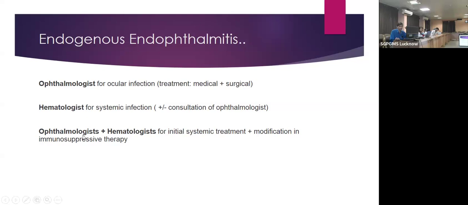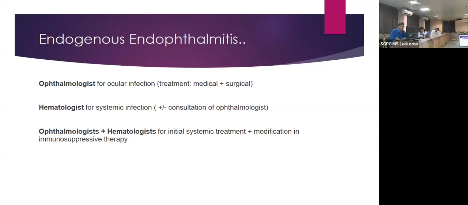Hematologist and ophthalmologist are both needed simultaneously to decide the management when the need for modification in immunosuppressive therapy arises, particularly in viral infections, or sometimes in bacterial or fungal infection.